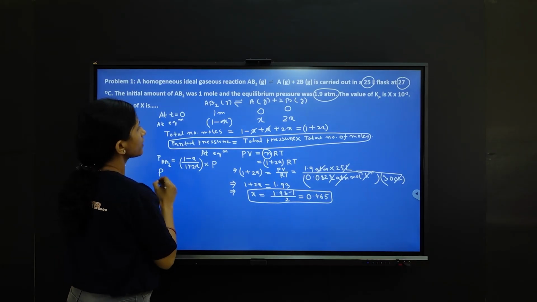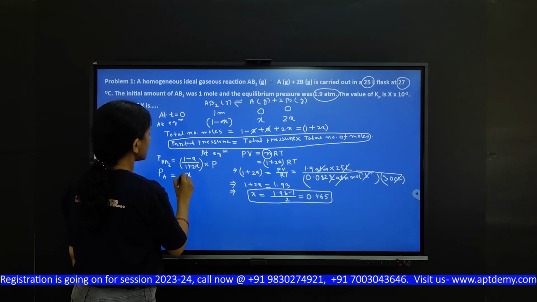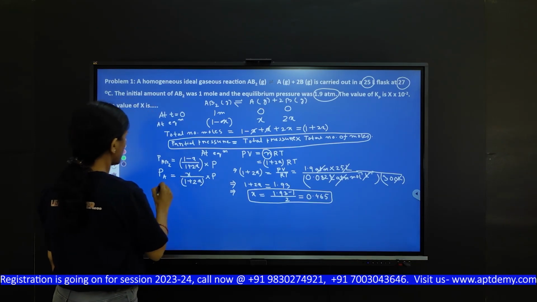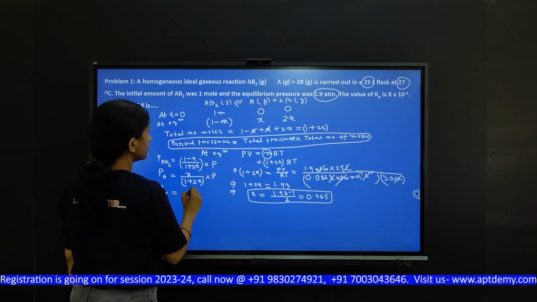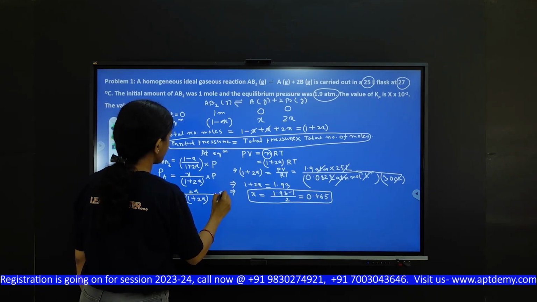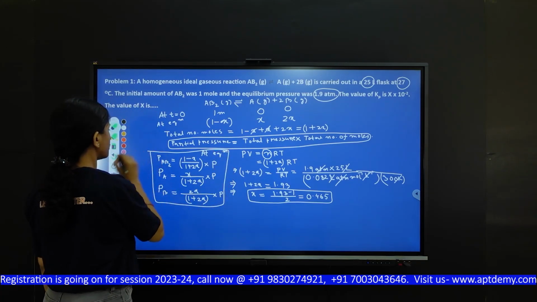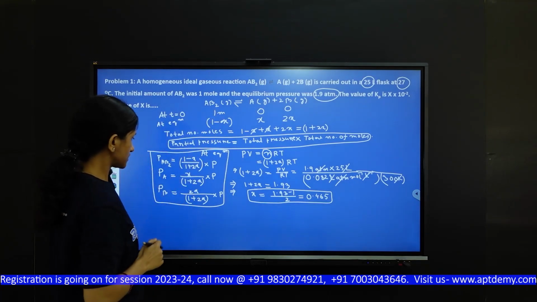And similarly, we can write for the products PA is equal to x divided by 1 plus 2x times P, and PB is equal to 2x divided by 1 plus 2x times P. These are the partial pressure expressions for all the reactants and products.